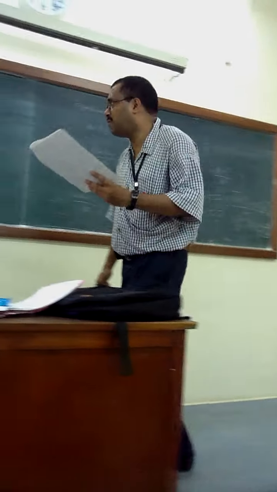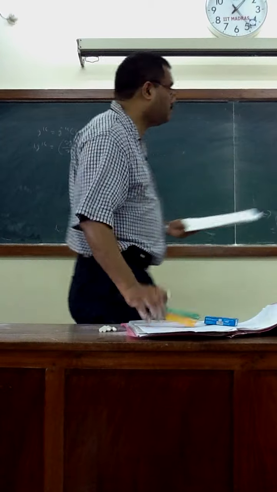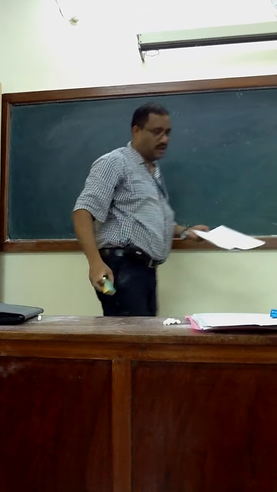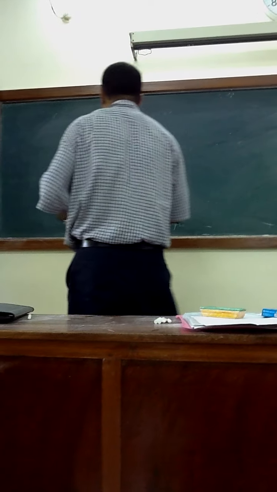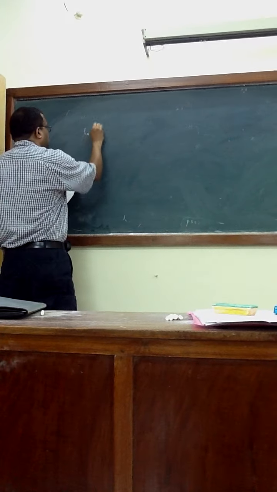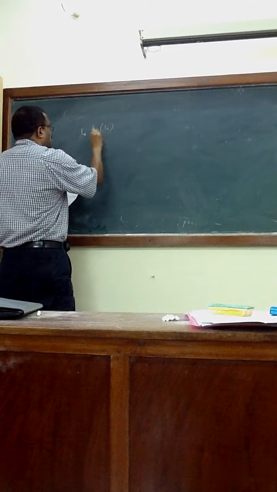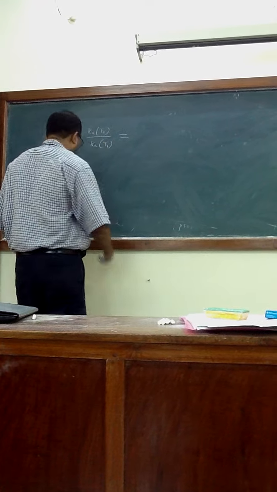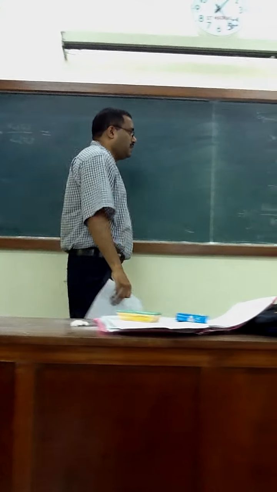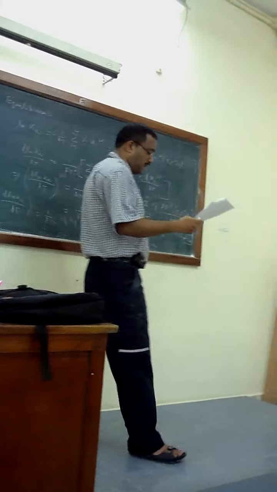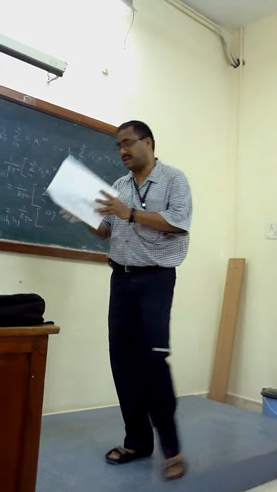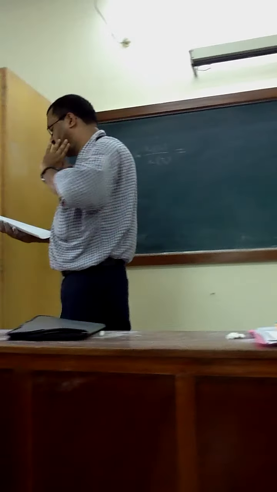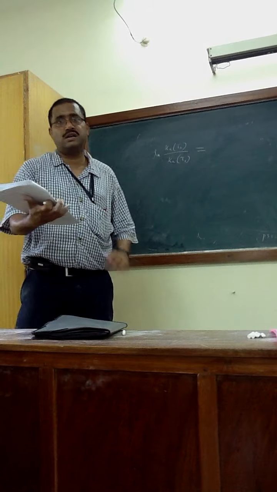So from here one can get ln K T2 by K T1. What is the right hand side?